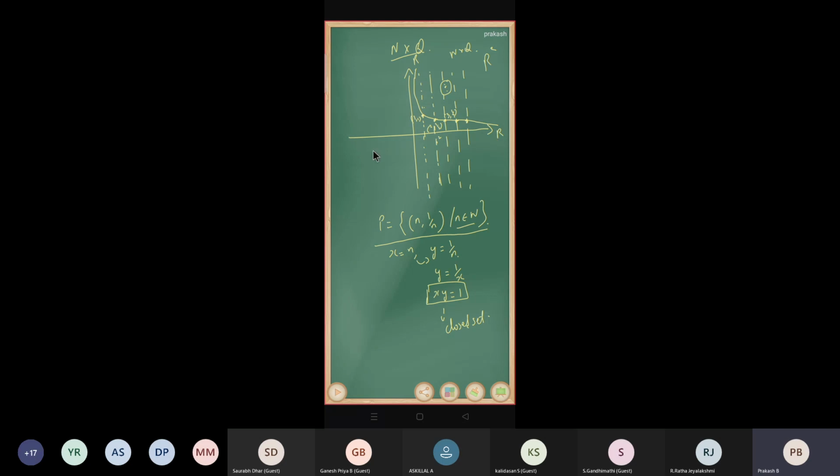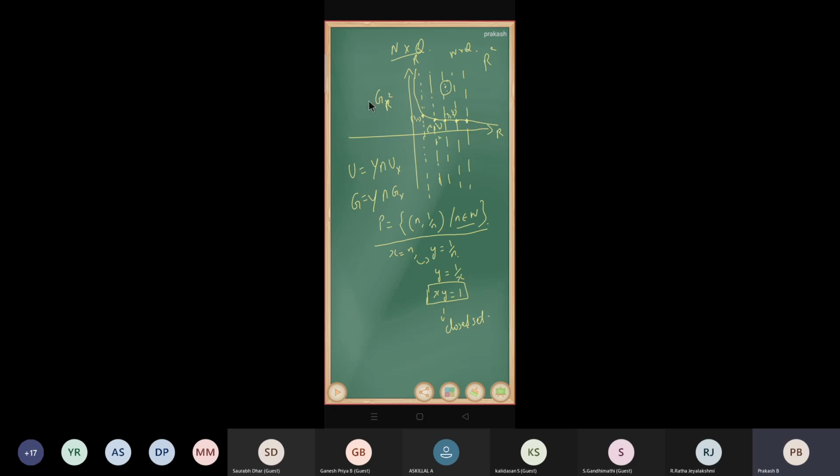So already we have a result about subspaces. The open sets of the subspace topology will be of the form Y intersection an open set in X, right? Similarly, we have a result: if you want to find the closed sets in the subspace, then they will be of the form Y intersection a closed set in X. Now the curve is a closed set in R power 2, right?